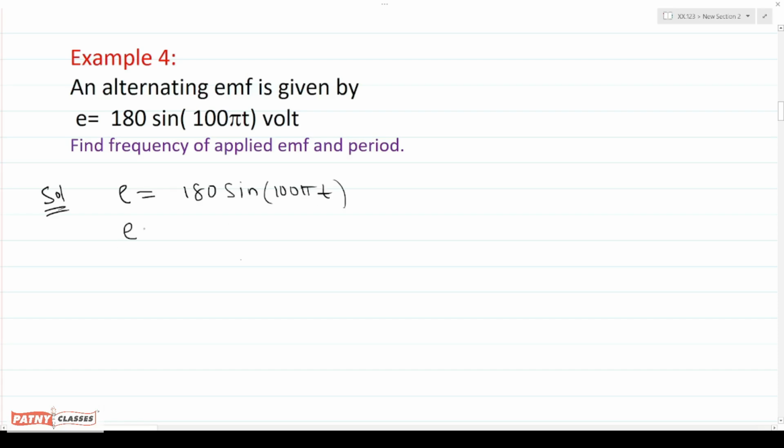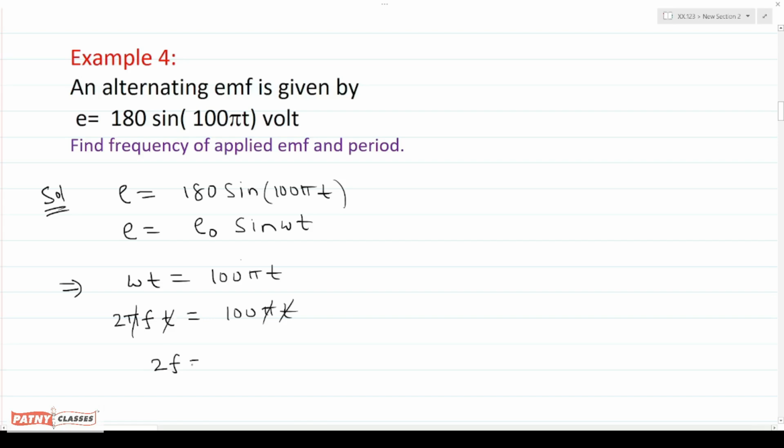Comparing it with standard equation, E equals to E naught sine omega t, implies omega t equals to 100 pi t, but omega is nothing but 2 pi f. So 2 pi ft equals to 100 pi t. Both side pi get cancelled and t get cancelled. We get 2f equals to 100. So f equals to 100 divided by 2 equals to 50.